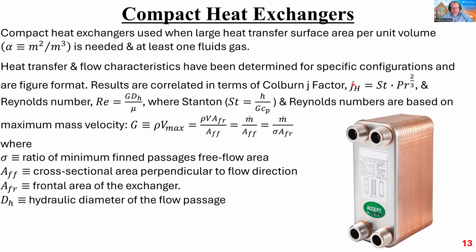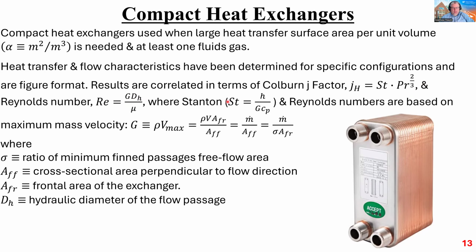So here it is, j_H is equal to the Stanton number, which is a dimensionless number that you might have seen in fluids, times the Prandtl number, which is another dimensionless number, which you've definitely seen in fluids, raised to the 2/3 power. The Reynolds number, which you've seen in fluids, except this has a slightly different form: G times the hydraulic diameter divided by the fluid viscosity.